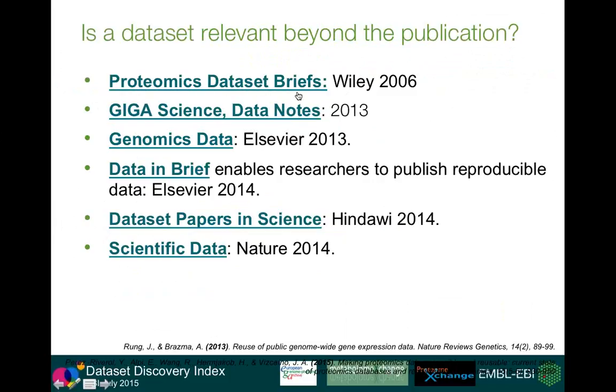This is the case, for example, of Proteomics Dataset Brief created in 2006, GigaScience in 2013, Data in Brief, and very recently Scientific Data, created for providing information around the dataset itself. I mean, not only about the biological claims or the results, but also the dataset, the protocol related with this dataset, the information in those datasets, and a way also to promote that.